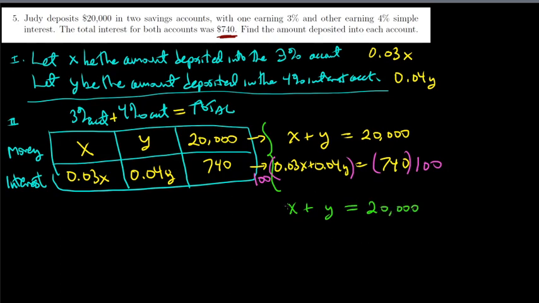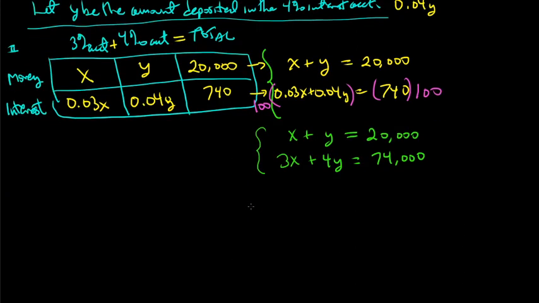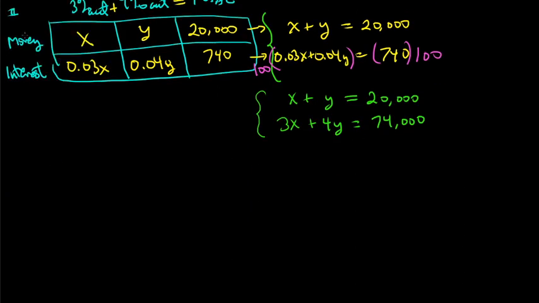And let's see, 100 times 0.03 is just 3. So 3 times X plus 4 times Y equals 74,000. Okay, so some big numbers, but no fractions and no decimals. We got rid of the decimals, right? So at this point, we can solve this system.